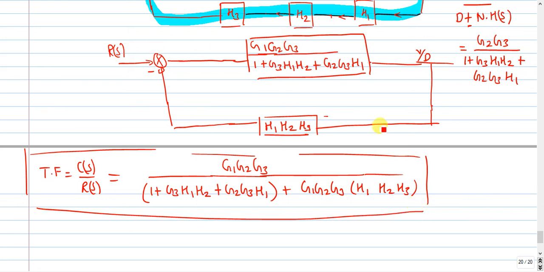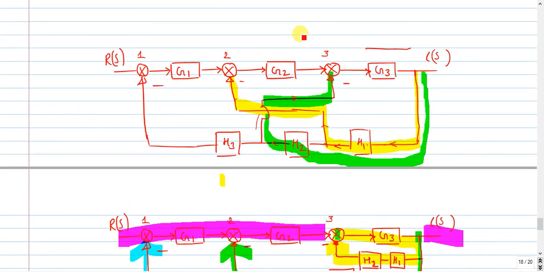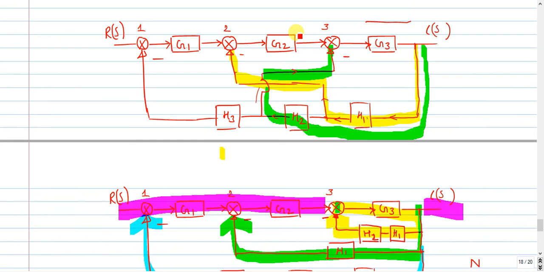See, sometimes they may give a random, complex circuit. When you check the signal flow, then you will realize that it will have a minor feedback loop. And see, here we have not done any shifting. Don't straight away jump to the conclusion that only shifting will reduce the block diagram. See, both will be there for the exam.